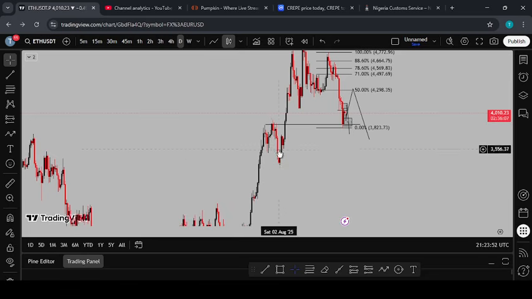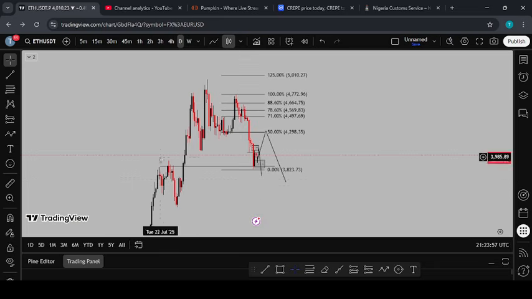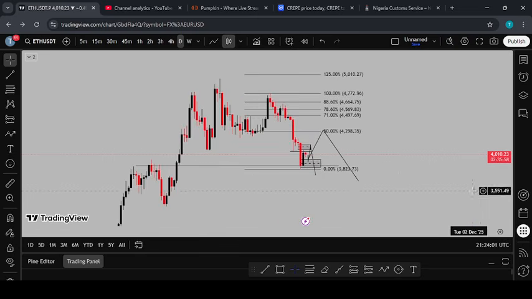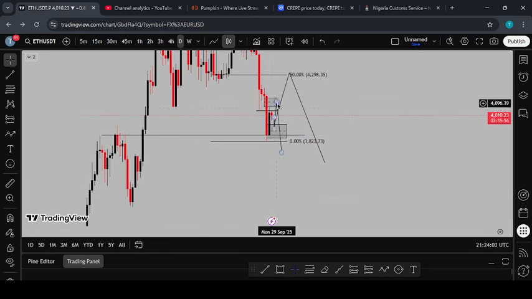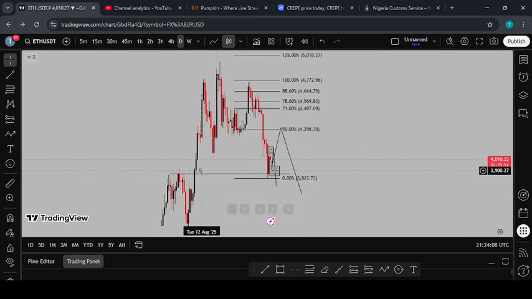A lot of people say it's a market structure shift: the market took this particular supply zone out, tested that region on the daily time frame, and closed with this candle. So it's a good region.